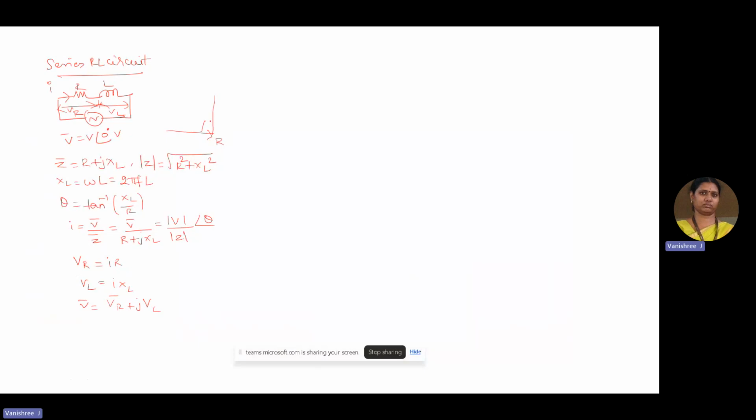Taking the impedance values, we can construct an impedance triangle taking R along 0 and XL along 90° with respect to R, and the hypotenuse joining these will be the modulus of Z. It is theta which is subtended between the resistor R and the hypotenuse. Thereby, we get cos theta is equal to R by modulus of Z. This is the power factor, which ranges from 0 to 1.